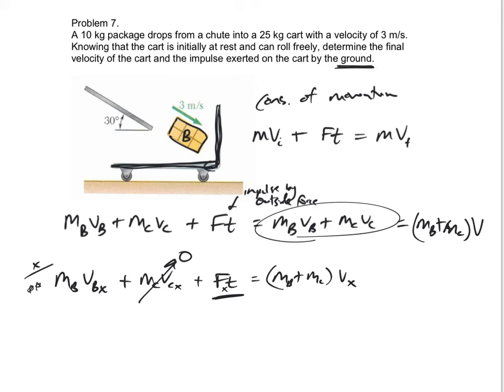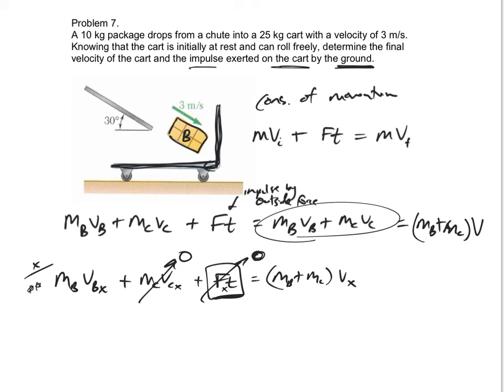The ground is pushing up on the cart. The ground is putting an impulse into this problem. So I do have an impulse by the ground, but that is not in the x direction. That is only in the y direction.